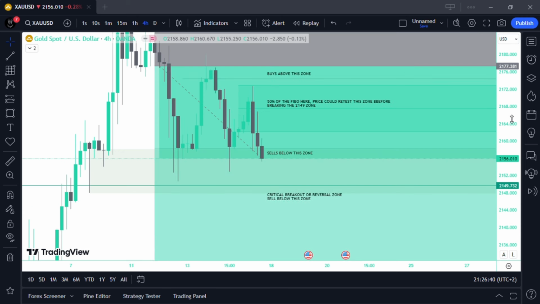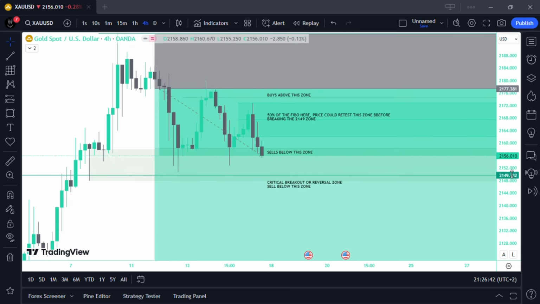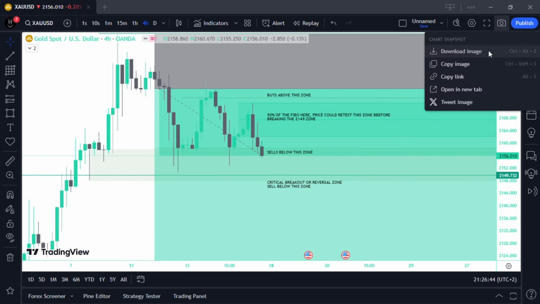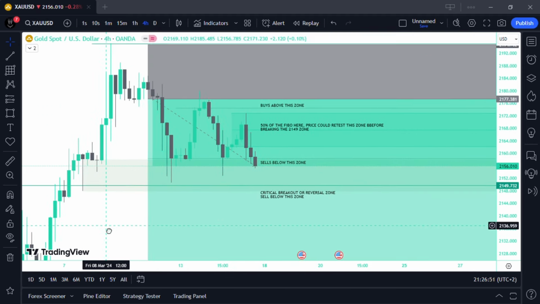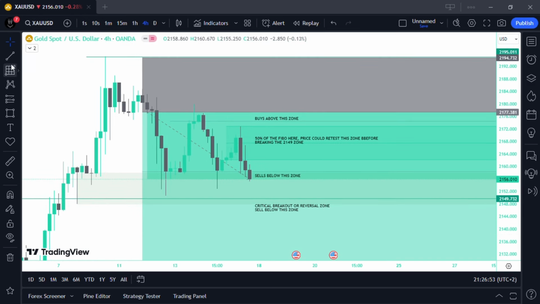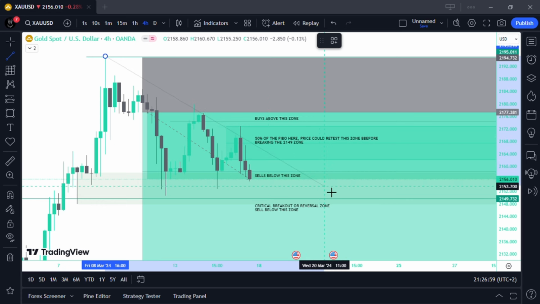So when you see wicks reach and sell below this zone, it means that I will only take trades below this zone, and where you see buy above this zone, I will only take buy positions above that zone. And it just so happens that the sell below zone is currently where the breakout happened, so I can sell this zone. And after price breaks below the 2149 zone, we will then see a massive sell downwards, because there'll be massive volume.